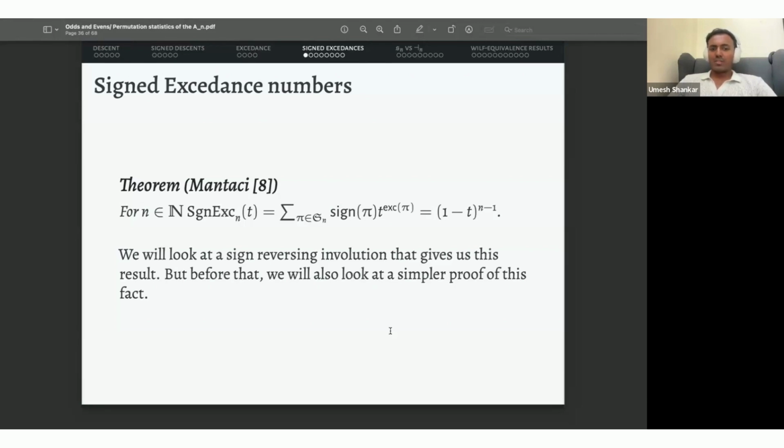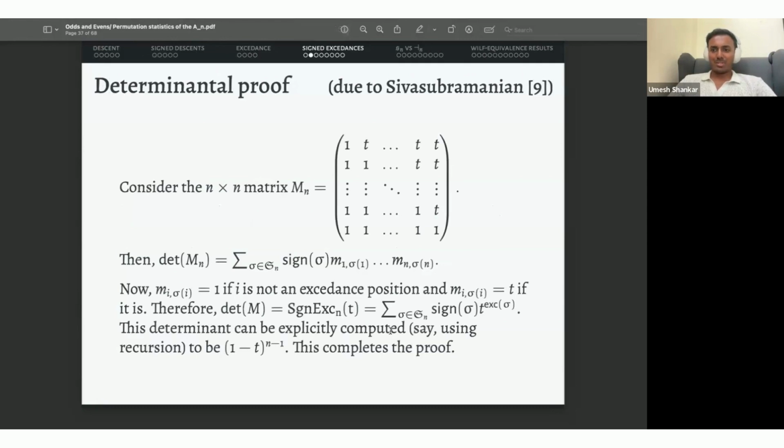We will look at a sign reversing involution that gives this result. But before that, we will also look at a simple proof of this. This proof goes through determinants. You look at this particular matrix. Everything on and below the diagonal is 1, and everything strictly above the diagonal is t in this matrix.